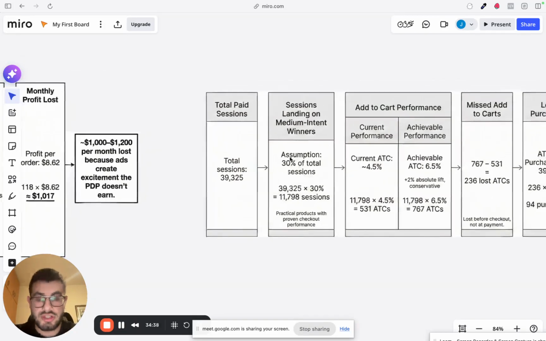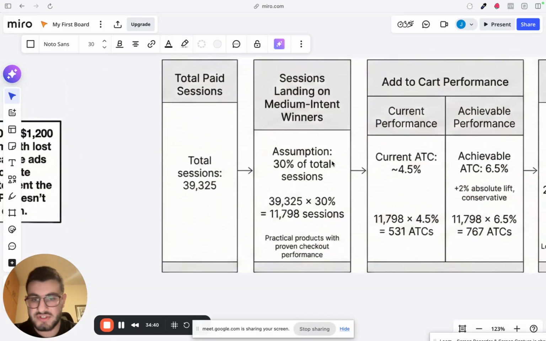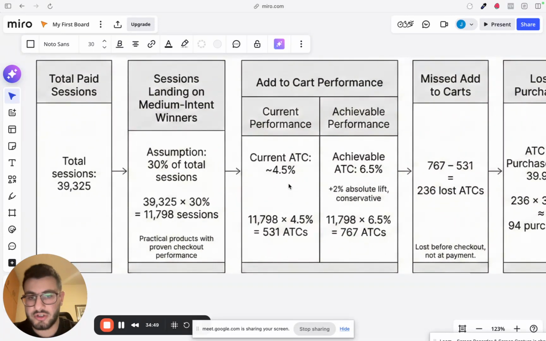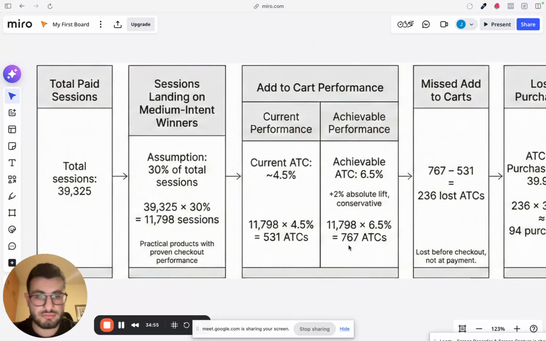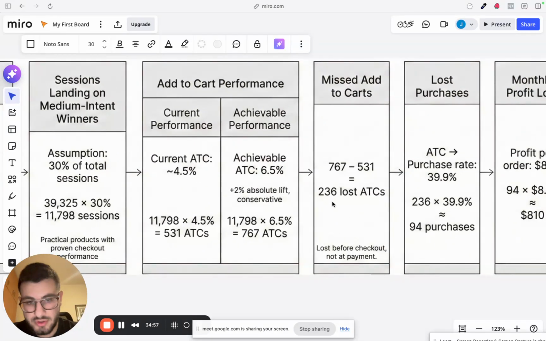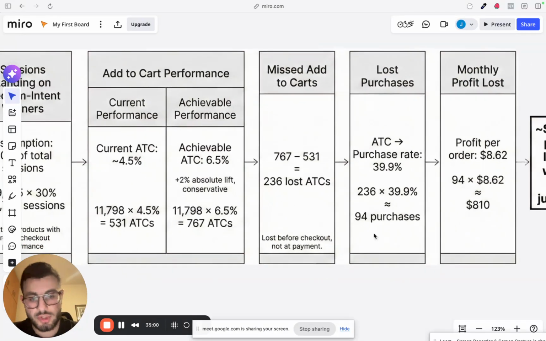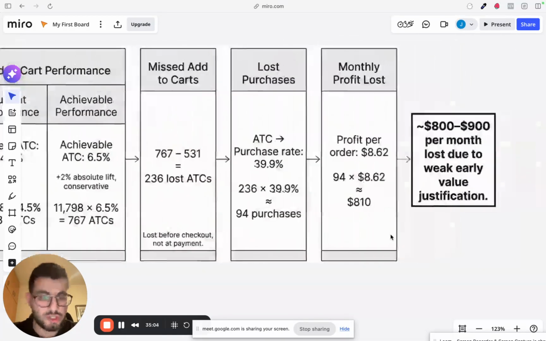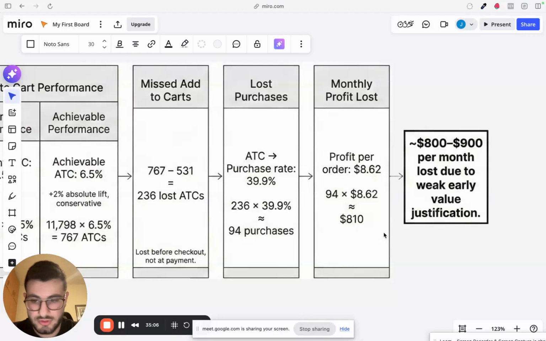These medium intent winners are actually 30% of your total sessions, which is approximately 12K sessions. If your current add to cart rate on these is 4.5, it can be taken to 6.5, and that would give us 236 more add to carts, which means 94 purchases, which means $810 in monthly gross profit lost.